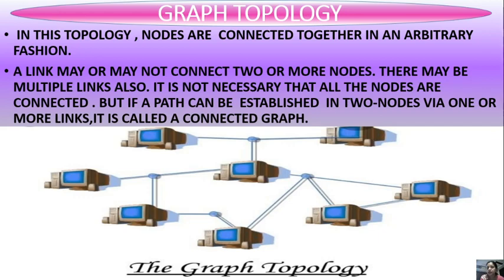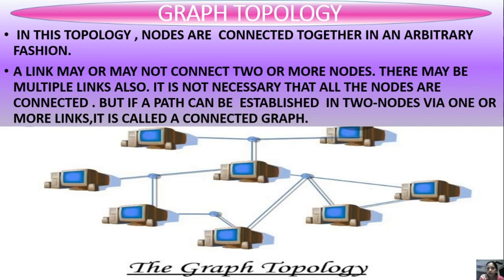It is not necessary that all the nodes are connected. So listen here: a link may or may not connect two or more nodes, there may be multiple links also, and it is not necessary that all the nodes are connected. But if a path can be established between two nodes via one or more links, it is called a connected graph. You can see the image here. Some nodes are connected with each other.